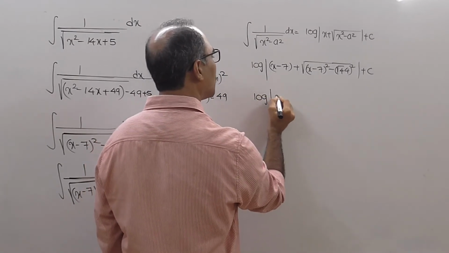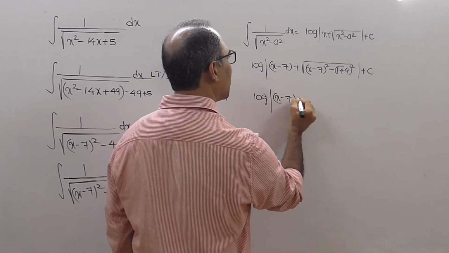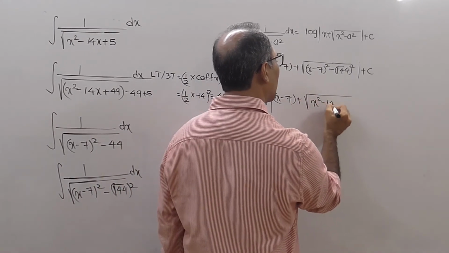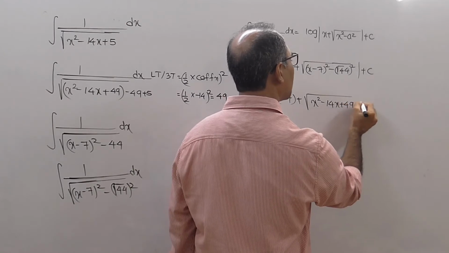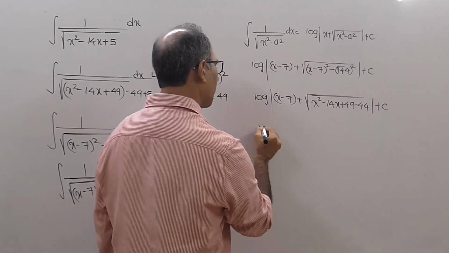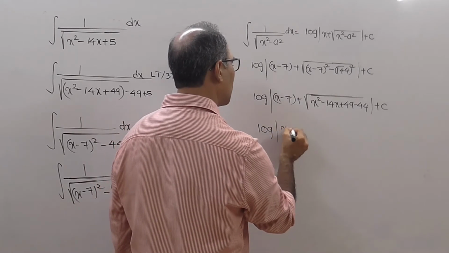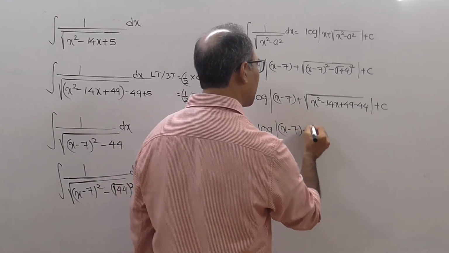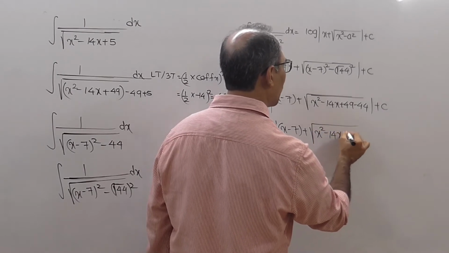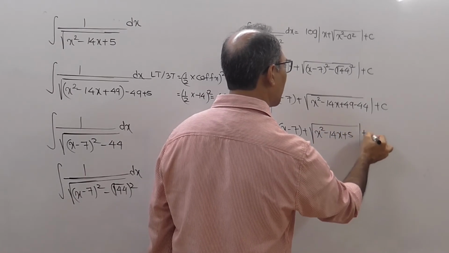This is log modulus x minus 7 plus root of, open this, you get x square minus 14x plus 49 minus 44, modulus close plus c. Log modulus x minus 7 plus root of x square minus 14x plus 5 plus c.